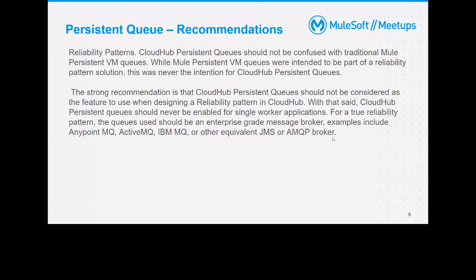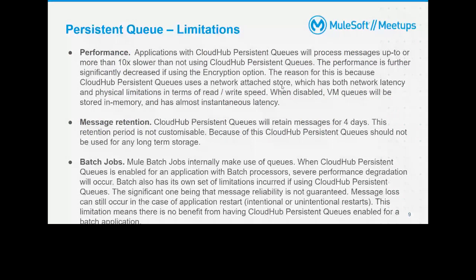Why? Because the persistent queue is using network-attached storage. It uses some disk where it creates a queue. That is a network disk, which requires IO read and write operations. It writes into the queue, then the other message will pick it up. So it requires input-output operations, and that's why it takes some time.